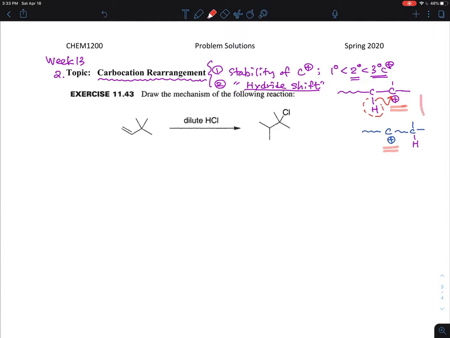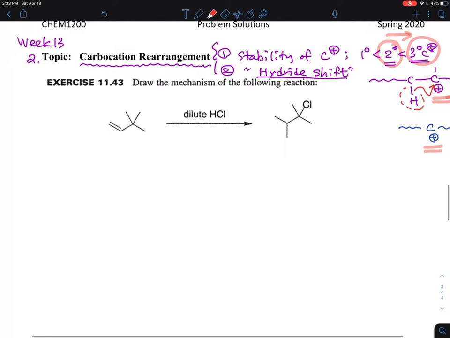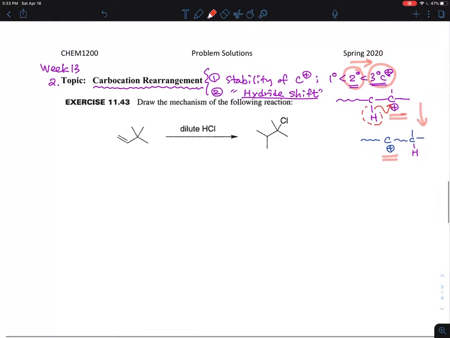Obviously, this happens, for example, to make a secondary carbocation into a tertiary carbocation by simply shifting this one through. I think this is a good example to show the addition and how the hydride shift changes the position.